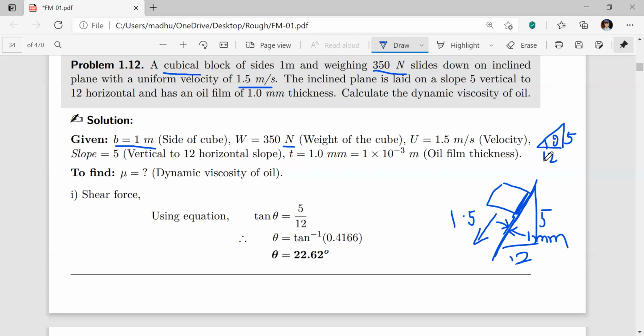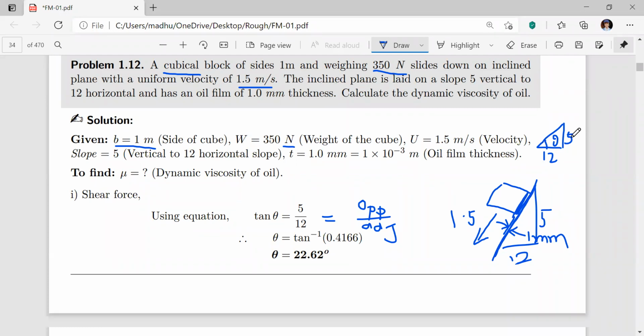So how to calculate theta in this way? Tan theta is equal to 5 by 12. What do you mean by tan theta? It is opposite side by adjacent side. Now 5 is opposite, 12 is adjacent, so 5 by 12 will be tan theta.